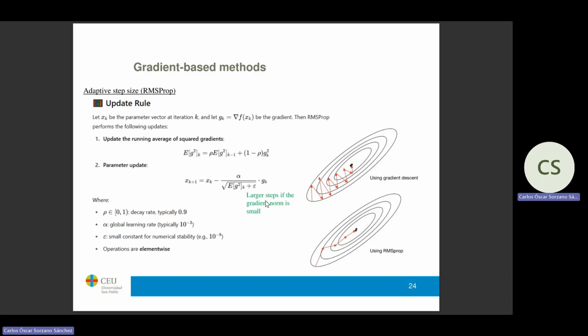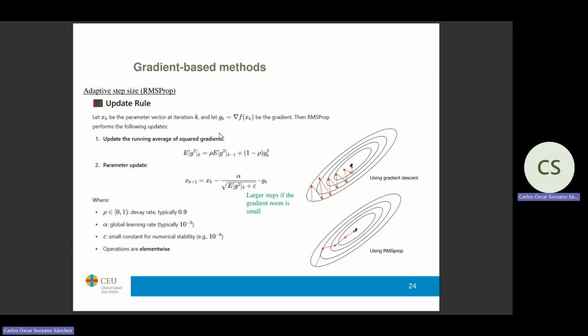If the gradient is small, then you will move further. If the gradient is very large, then you will move just a little bit. And this is kept track of with this expectation of the norm of the gradient. So it is a moving window, or a smoothing kernel, if you want.